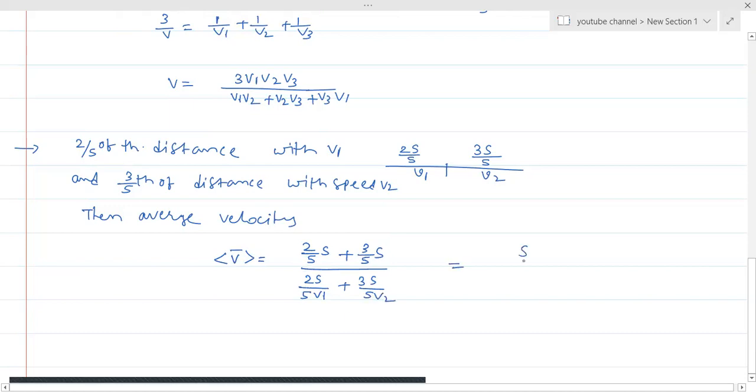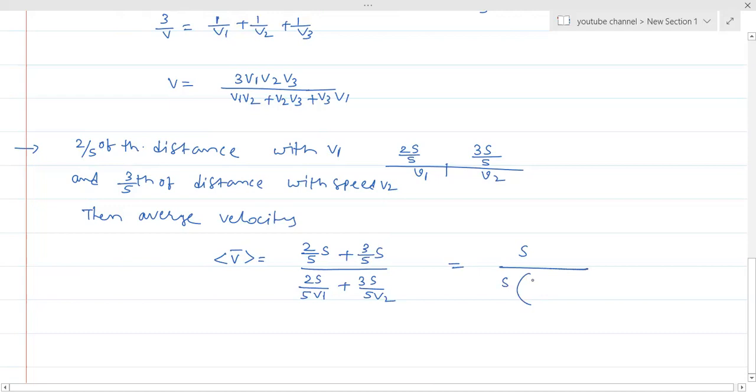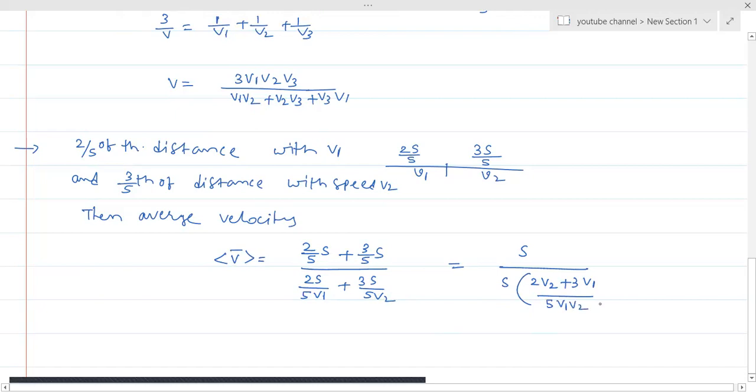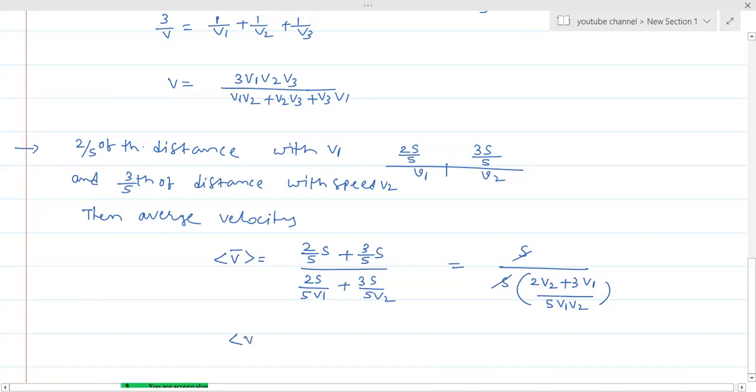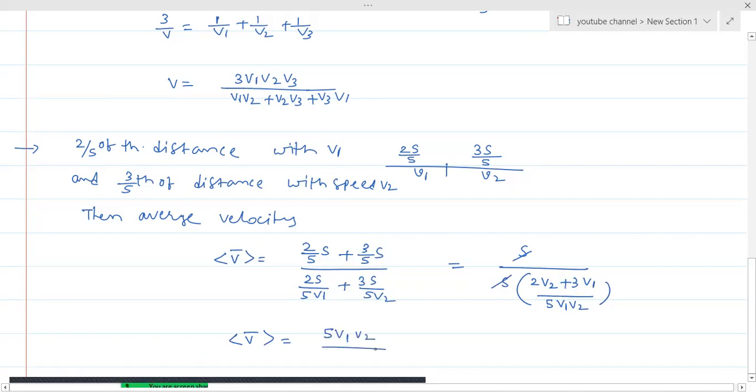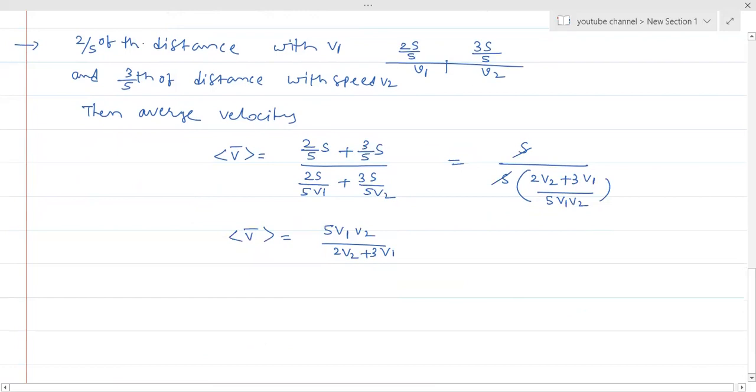Taking s as common, I will get (2v2 plus 3v1) by 5v1v2. So s gets cancelled here. Therefore average velocity is 5v1v2 by (2v2 plus 3v1). In this way, we will find the average velocity for the distance method.